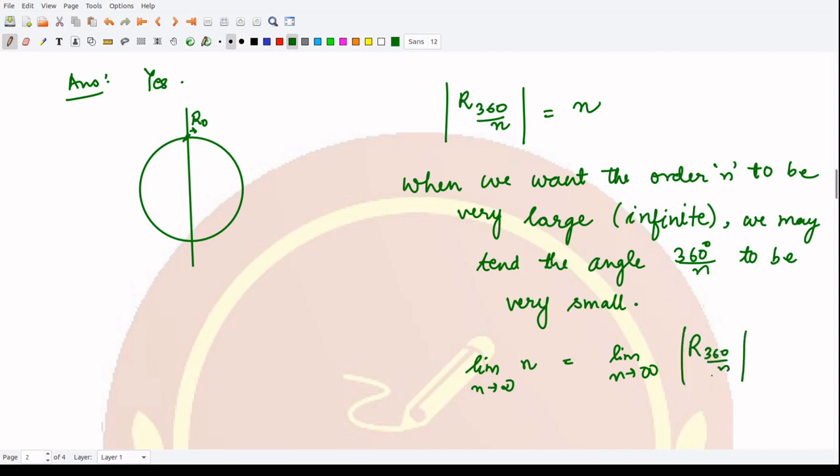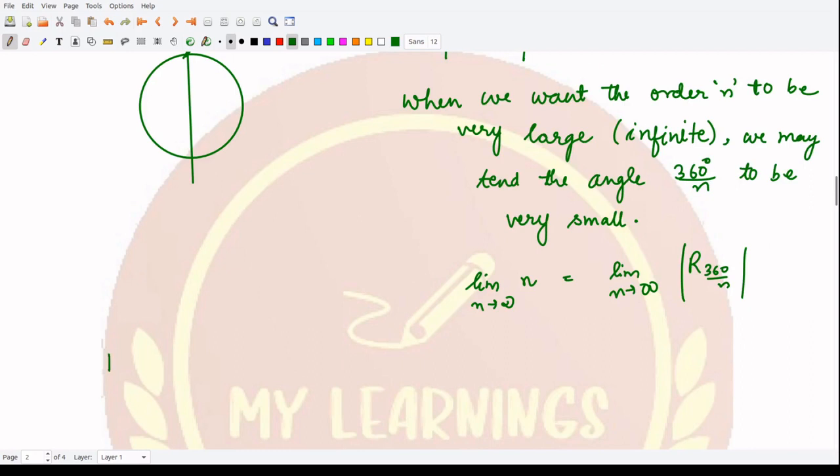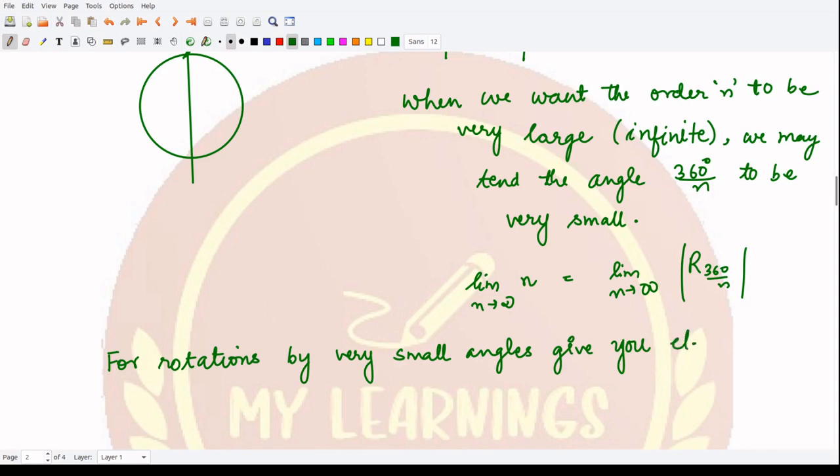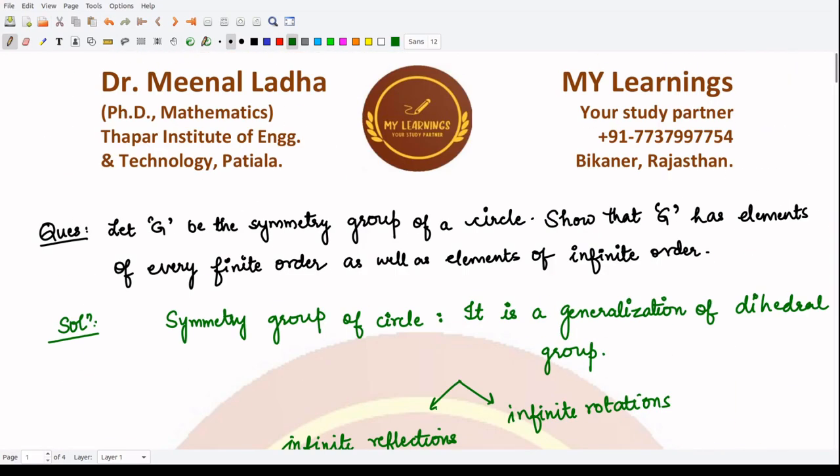Because n is in the denominator, the angle should approach 0. Hence rotations by very small angles give you elements having infinite order, and this is what was required in our question. I hope you understood this question well. That is it for this video. Thank you for watching.